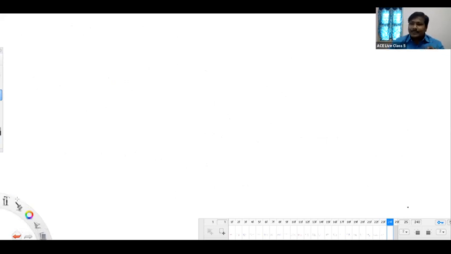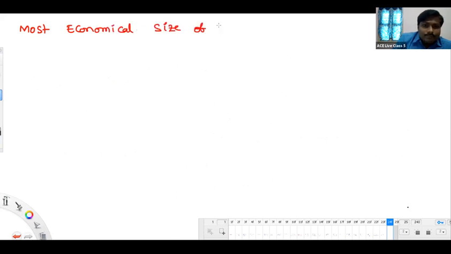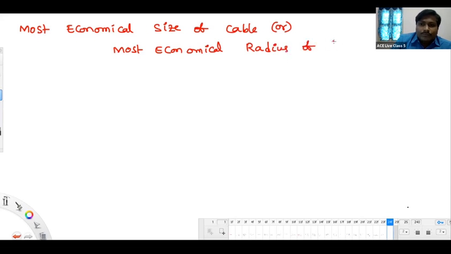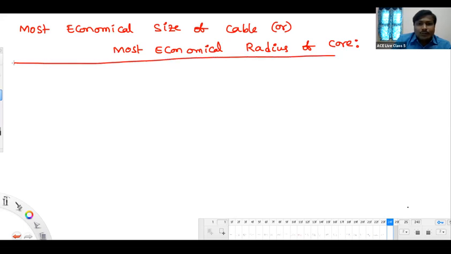I will explain again point by point. Just to take this heading first: most economical size of cable, or you can say most economical radius of core.